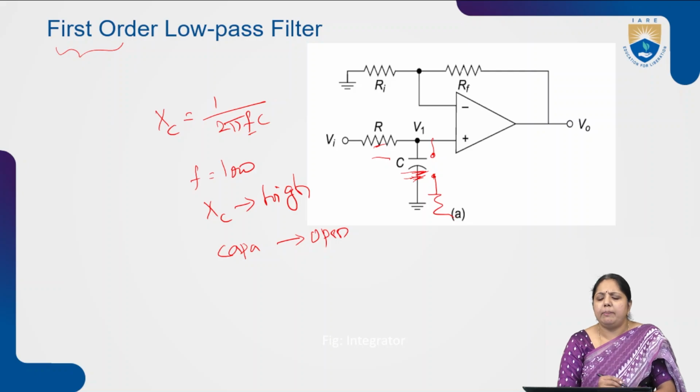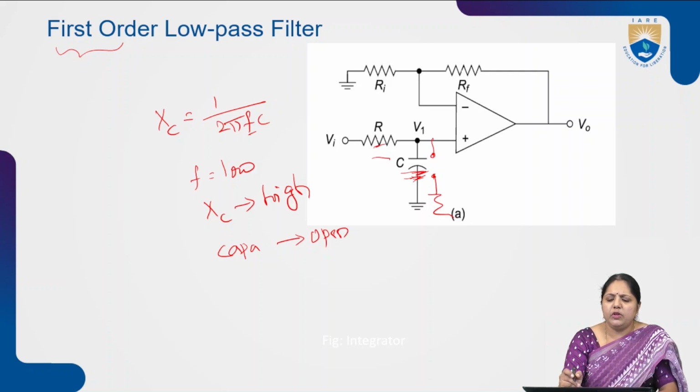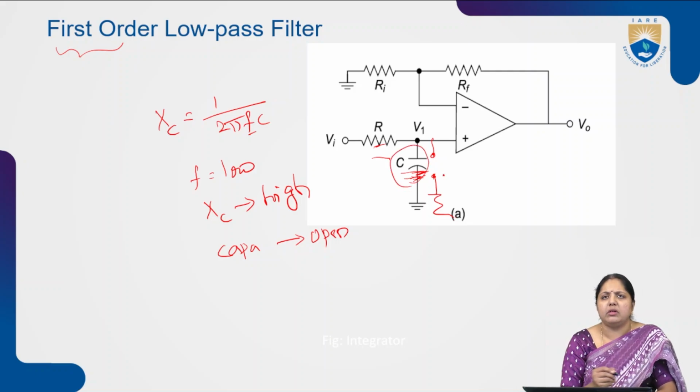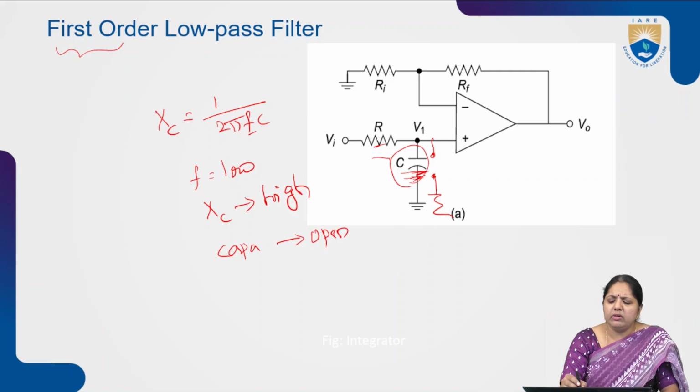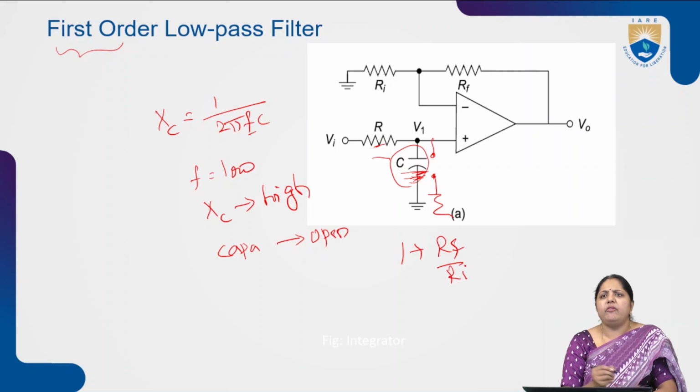At that time, if you see this circuit without the capacitor, the circuit looks like a non-inverting amplifier. So what is the output voltage of the non-inverting amplifier? The non-inverting amplifier output voltage is 1 plus RF by RI.